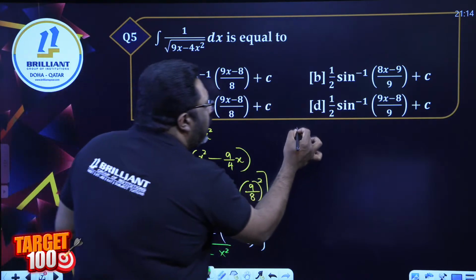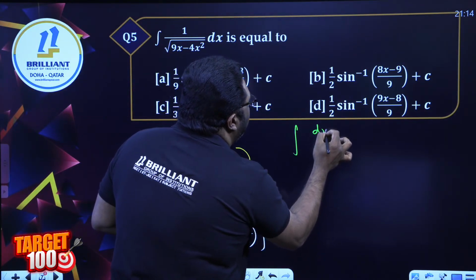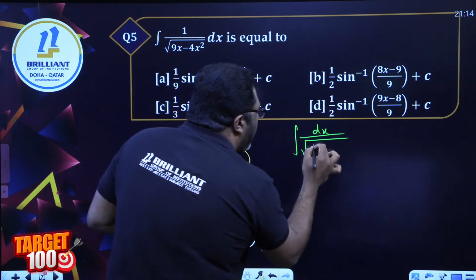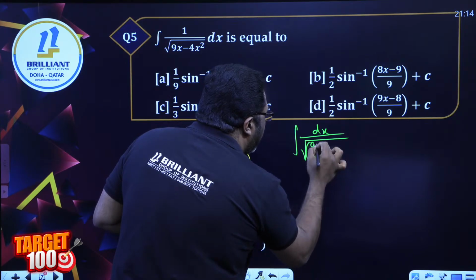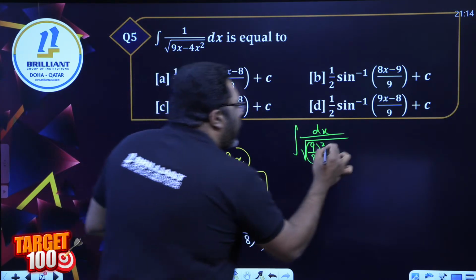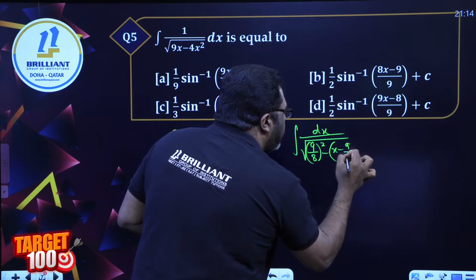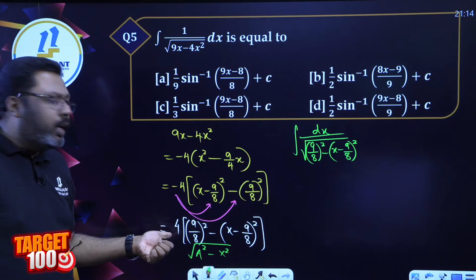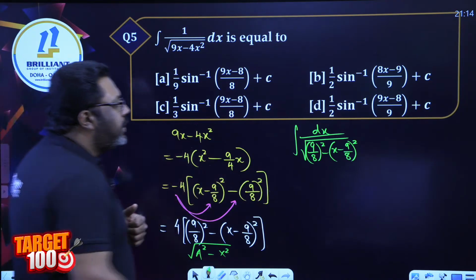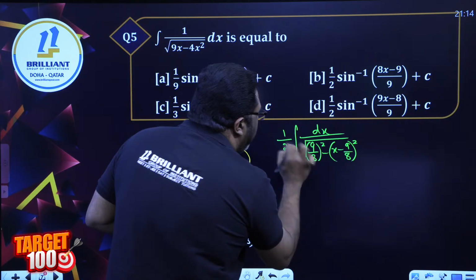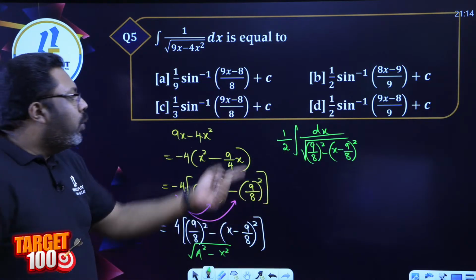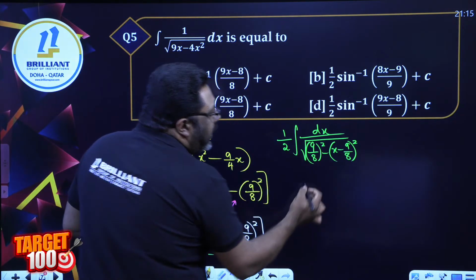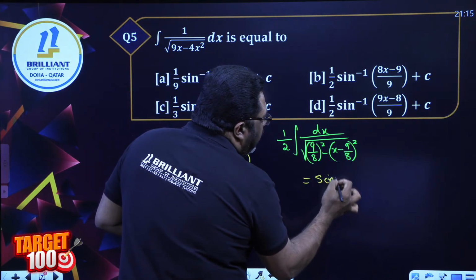Okay, apply the integral, all of you. Integral of dx by square root of 9 by 8 squared minus x minus 9 by 8 squared. Don't forget there was a 4 also. What's the square root of 4? Which is 2. Leave it as 1 by 2 outside. Now what is 1 by square root of a squared minus x squared?